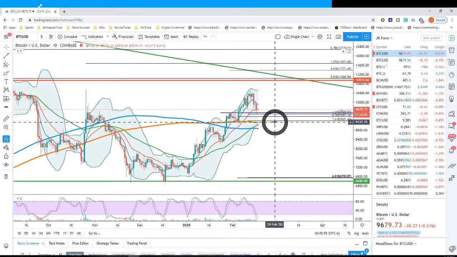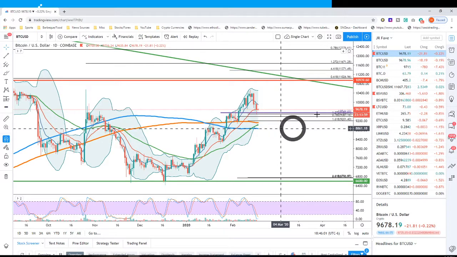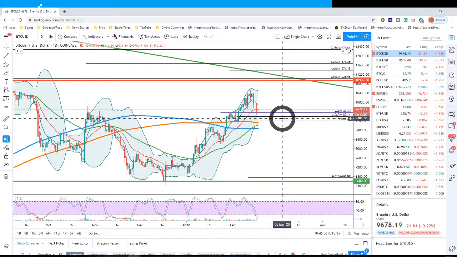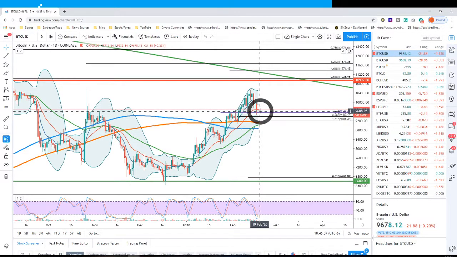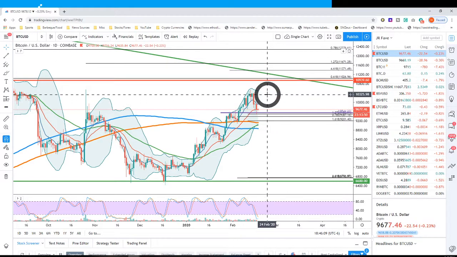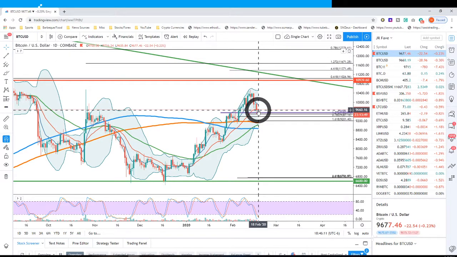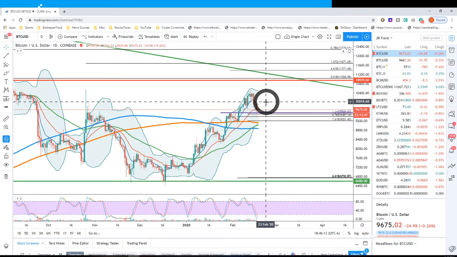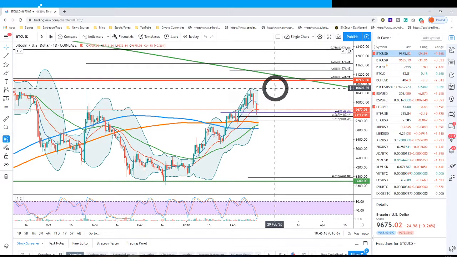Now, I'm not trying to be cheap, but if I can get it cheaper, I'll take it cheaper. Now, the thing about it, though, is that since I've already got some Bitcoin, it's not going to affect me if price starts to run up. If I wake up tomorrow, and all of a sudden Bitcoin's at 10,000, hey, guess what? I'm still in it. I've still got some.